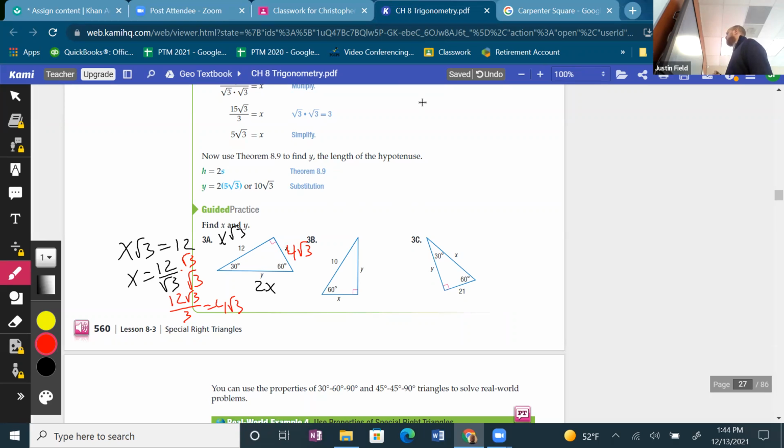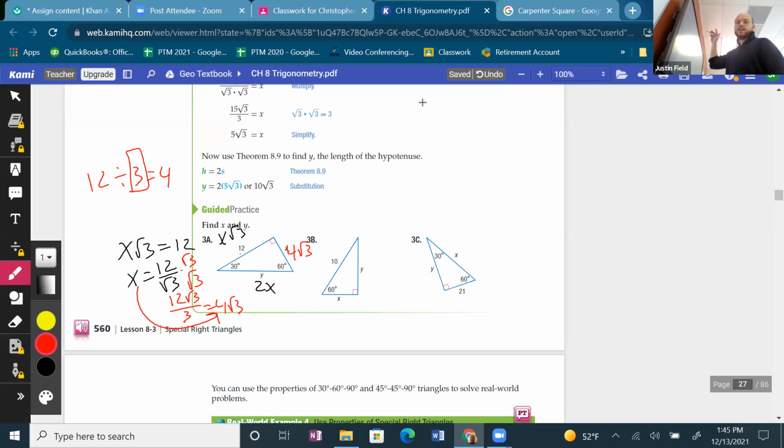So that means that the short leg is x, and I just solved for x. So just notice that this is the 30, 60, 90 triangle, and 12 divided by 3 is 4.